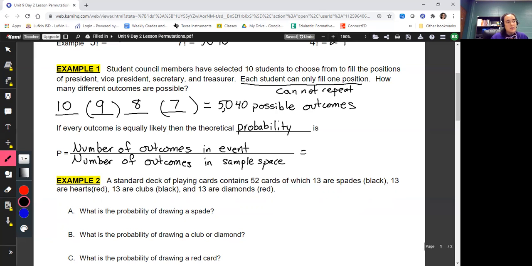We can also call this part over the whole. So the part that we're looking at over all of the possible outcomes.